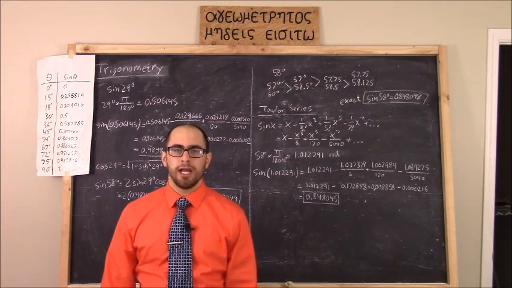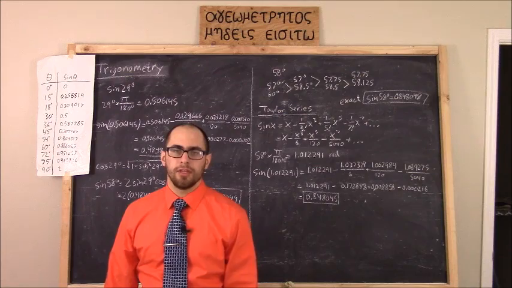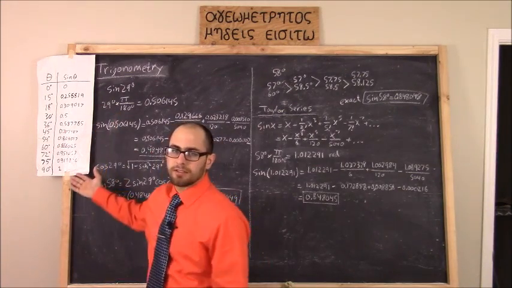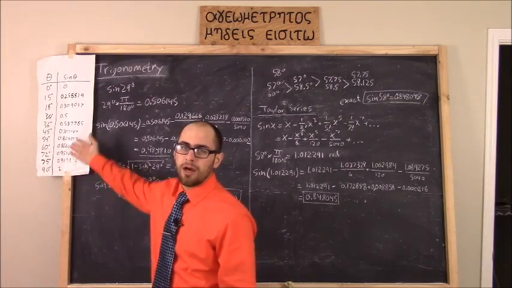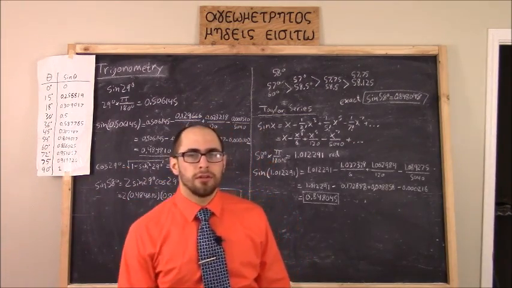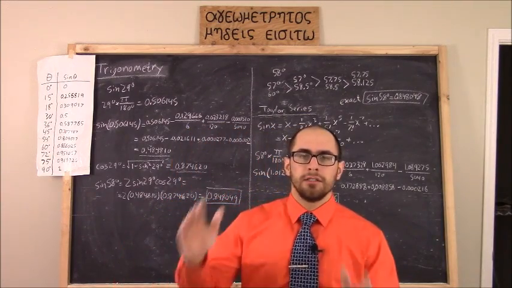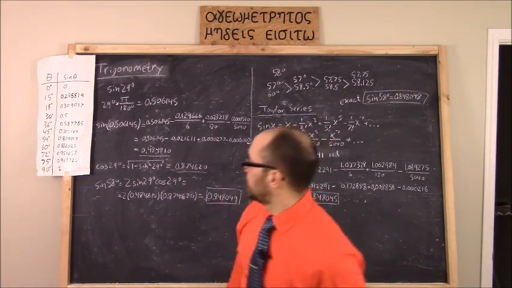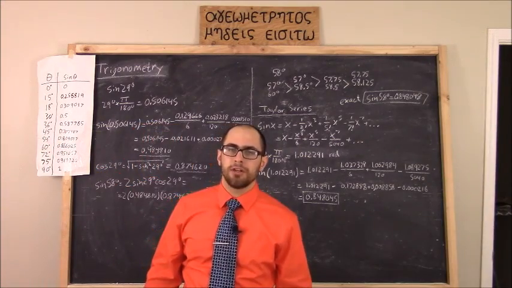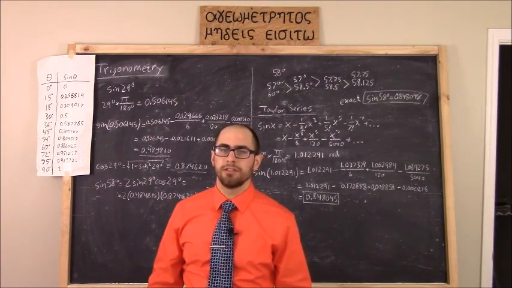Then we use trig identities to fill in the gaps on the rest of the table. Of course, the table still has its limitations in that not every value is represented. That's why we introduced linear interpolation to fill in the gaps between the values on the table. Now, linear interpolation also has its limitations.